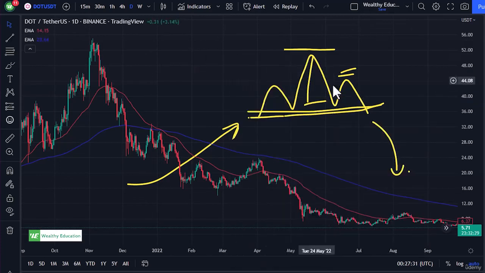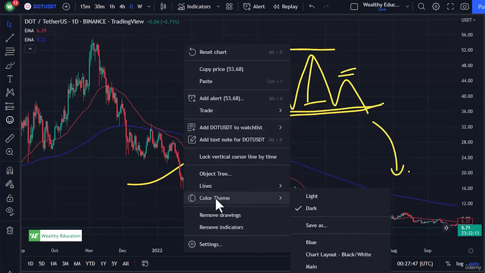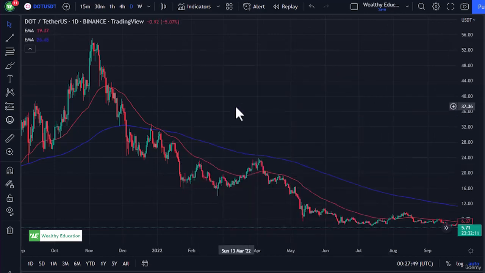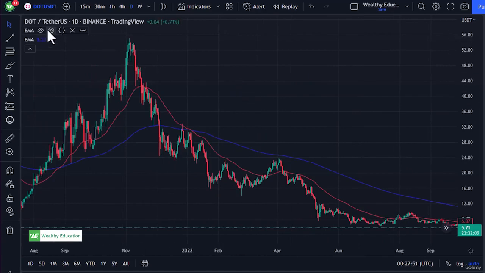Also, by putting your stop loss on the other side of the shoulder, unless the shoulder's way up here, which is not really a head and shoulders, you automatically lock in a higher reward to risk type of pattern. So here is Polkadot against Tether.